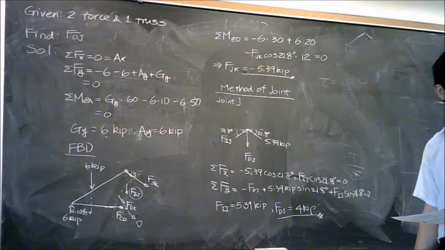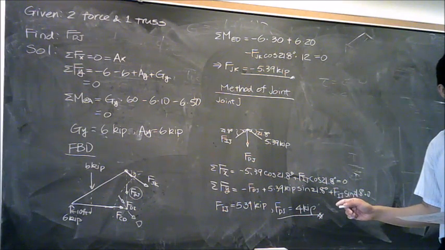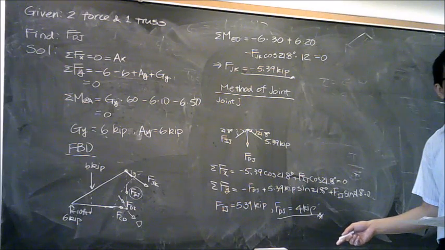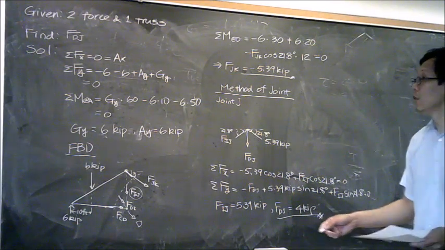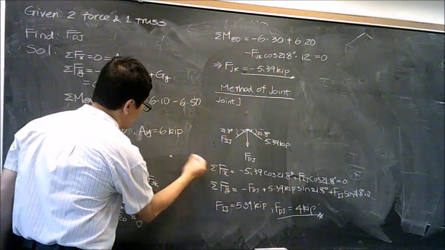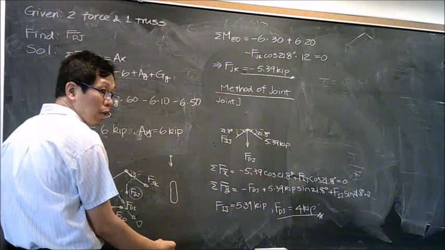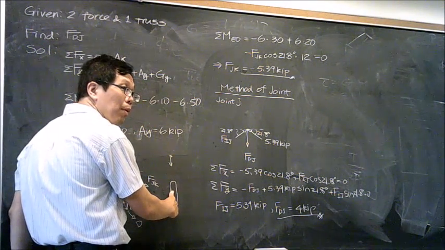Does that make sense to everybody? The last step we need to do over here is to determine whether this is under tension or under compression. So we know this is going to be down at this joint. What kind of force do I have applied on this specific member?